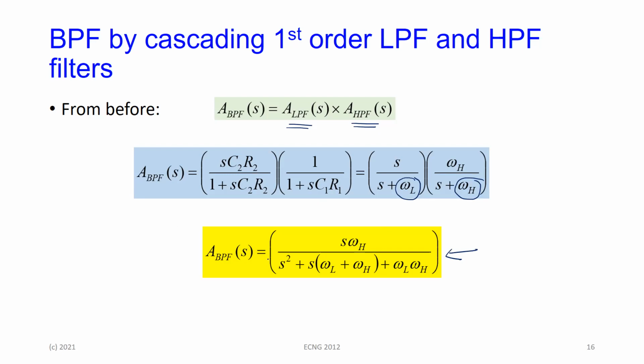Notice it's a second order transfer function. It's a bandpass filter now, so it has 1 zero and 2 poles in it. This is just for information purposes and for observation. You always keep track of that.